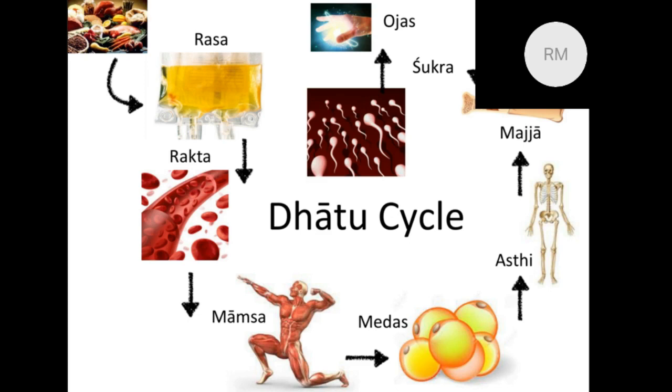This is because we normally translate Shukra Dhātu as the male reproductive element. So the question arises as to whether females also have Shukra Dhātu. The idea here is that both males and females have Shukra Dhātu.